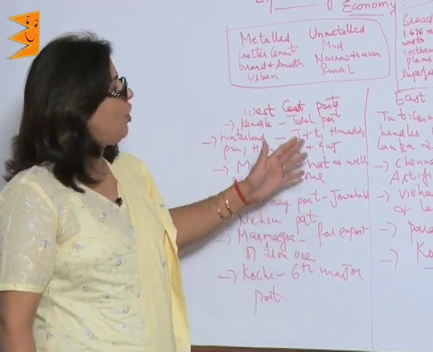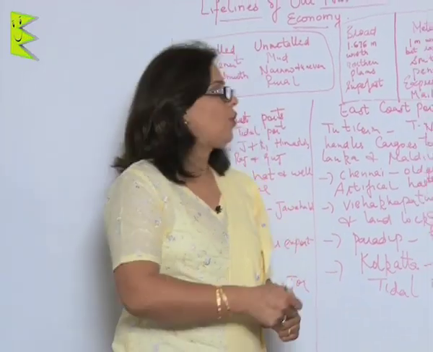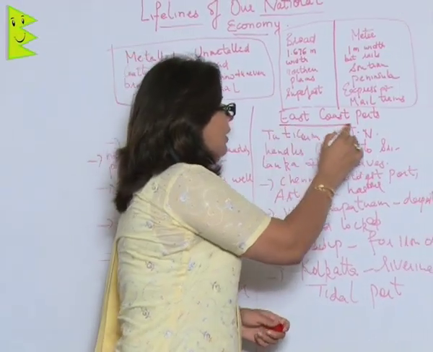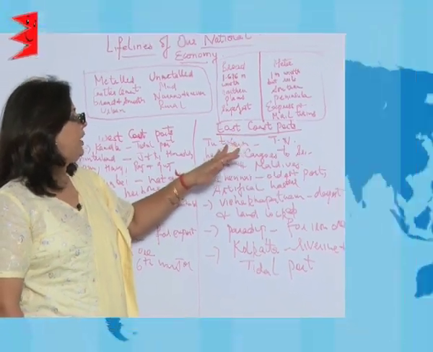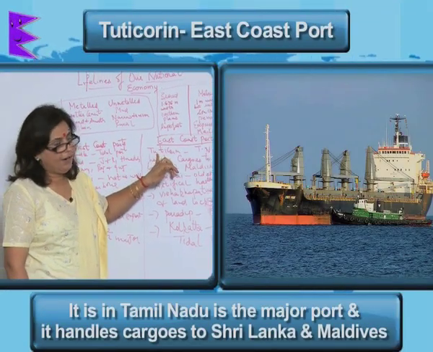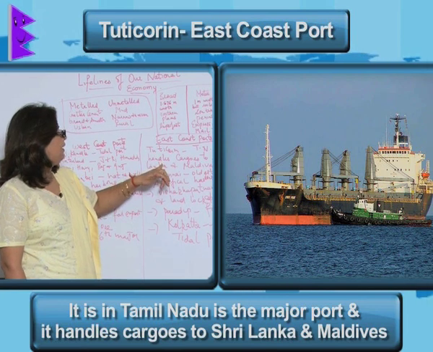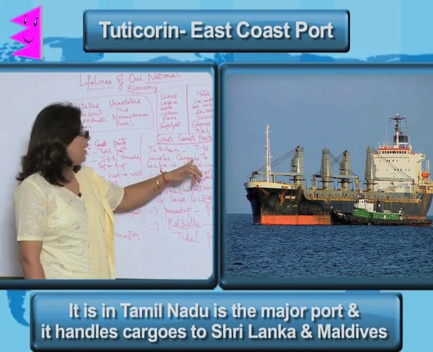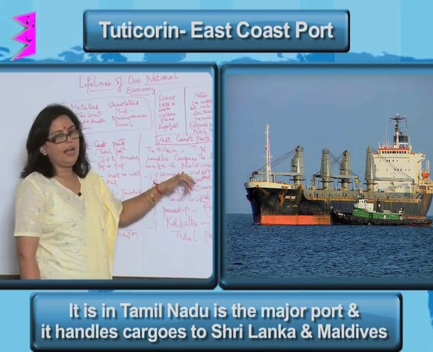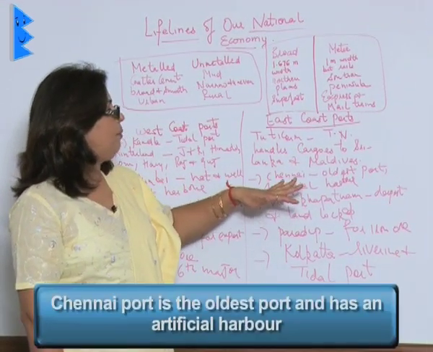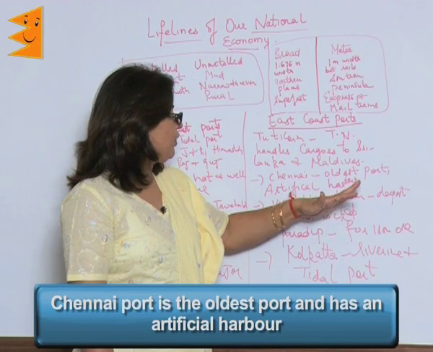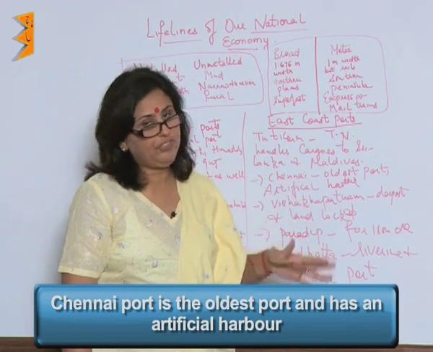Remember the number of the major ports in India? Now let's talk about the east coast ports. In the east coast, the major port is Tuticorin in Tamil Nadu, and it handles cargoes to Sri Lanka and Maldives. Next, Chennai port is the oldest port and has an artificial harbour.